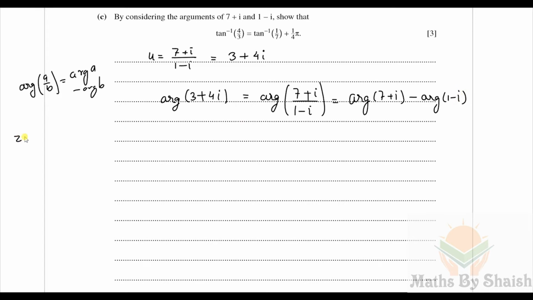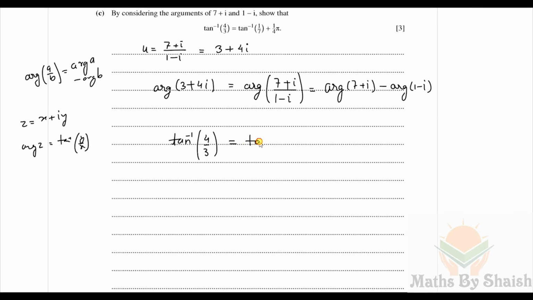For any complex number z equal to x plus iy, the argument of z is tan inverse of y by x, so that's why we got tan inverse of 4 by 3 from here, and on the right side we have tan inverse of 1 upon 7 minus tan inverse of minus 1 upon 1, that is minus 1.